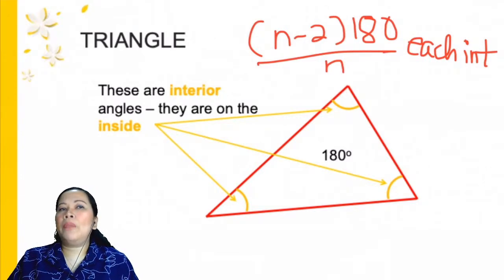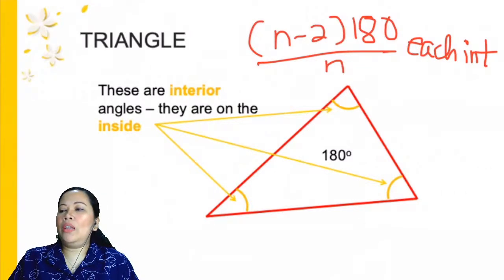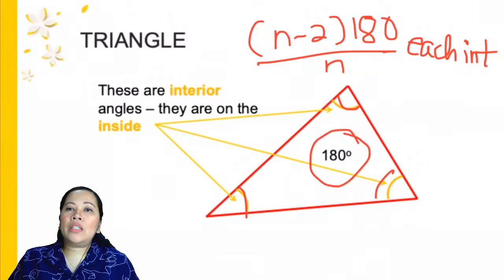First is they base it all on triangles. Why? Because the triangle is the basic polygon that we have, because there's no non-consecutive vertex. Okay, you cannot form diagonals here. And the interior angles in a triangle form 180. That's the total of your triangles.